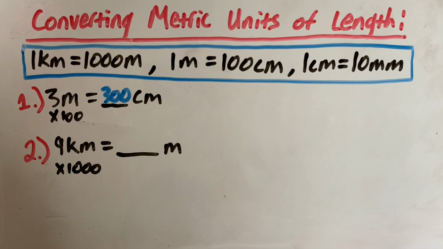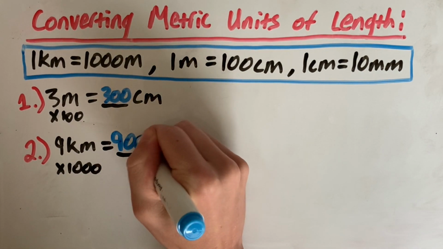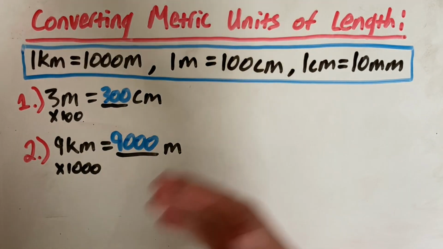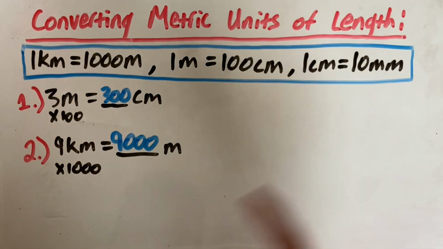That's the convenient thing about the metric system. Everything is by either 10, 100, or 1,000, so you're just adding zeros. So 9 times 1,000 gives us 9,000. So 9 kilometers is equal to 9,000 meters.